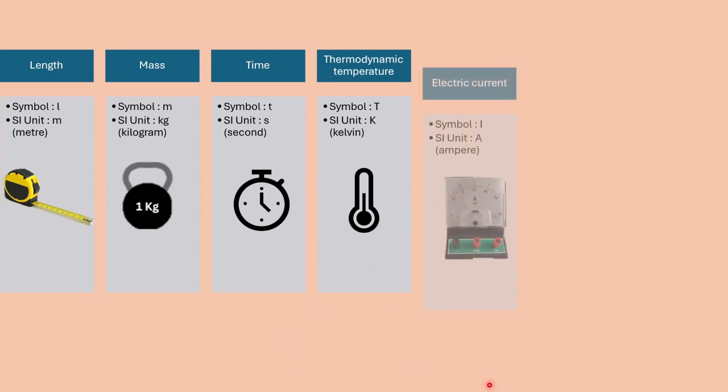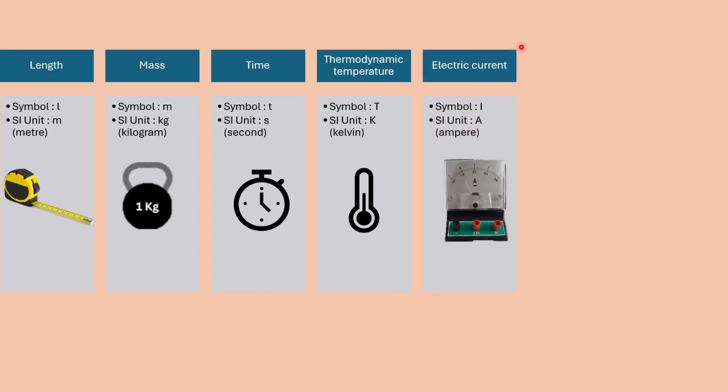Next up we have electric current. It's represented by the symbol capital I, and its SI unit is A, representing ampere. This is an ammeter, representing the electric current. Next up we have luminous intensity. Its symbol is represented by Lv, a big letter L and a small letter v.